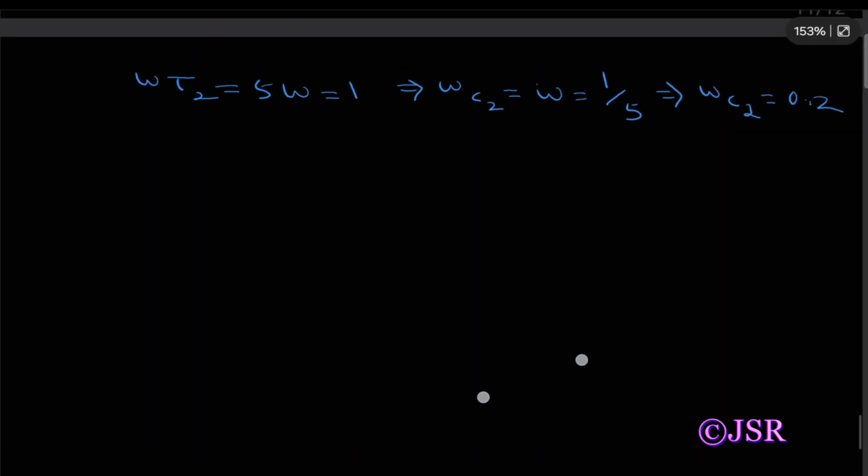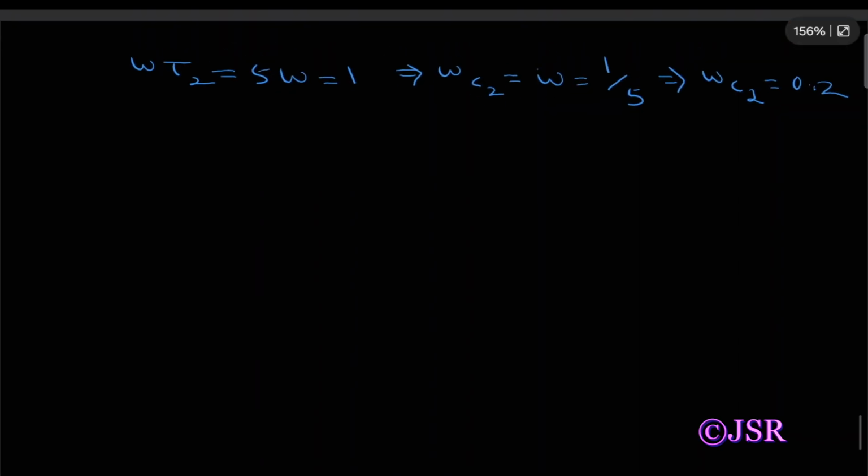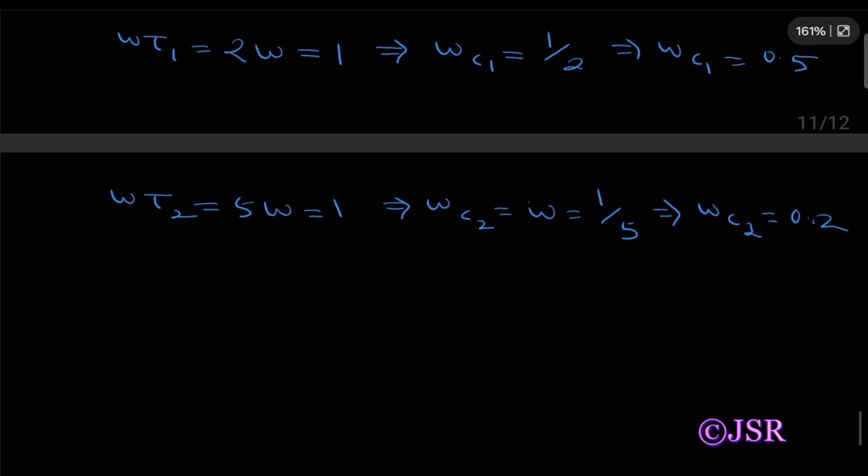So once you find the corner frequency for the individual first order system, let's find the amplitude ratio for the given system.